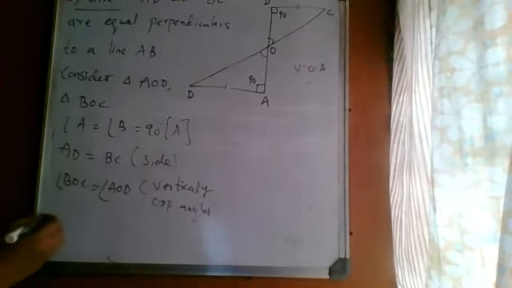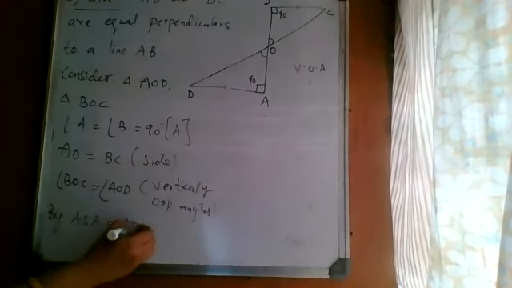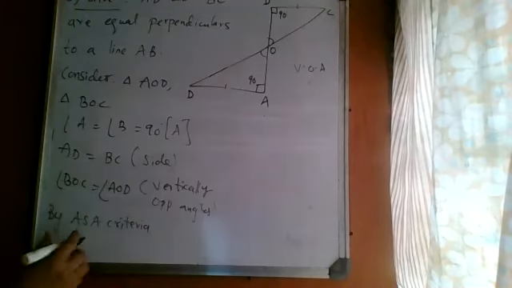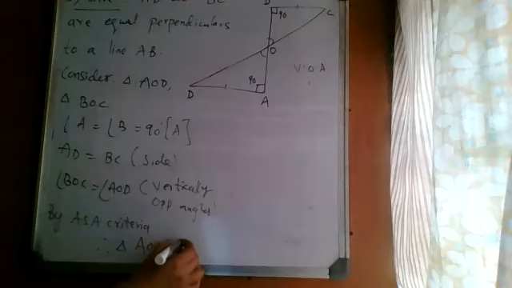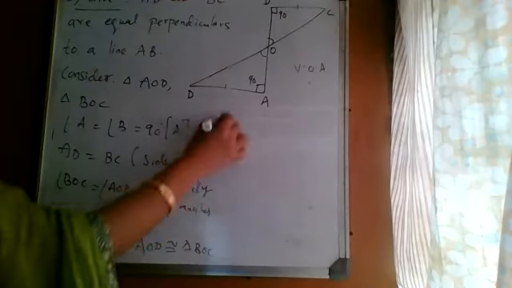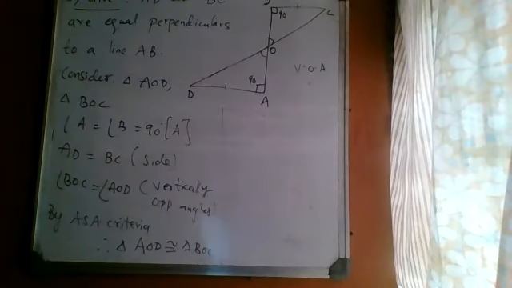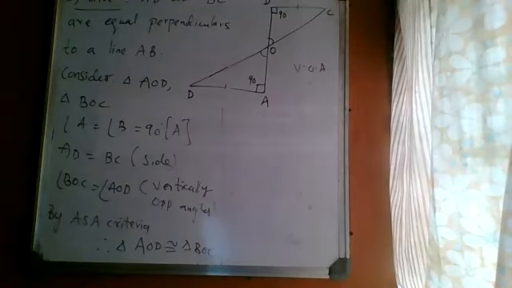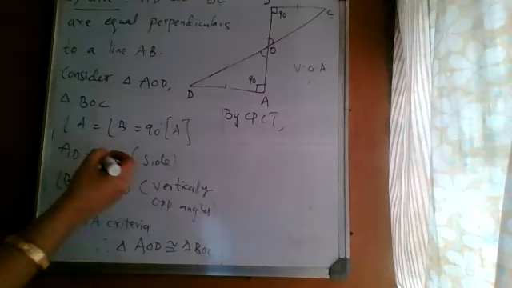Which property is it now? By ASA criteria, triangle AOD is congruent to triangle BOC. Next, CD bisects AB. We have to prove that CD bisects AB. By CPCT, what can we say?